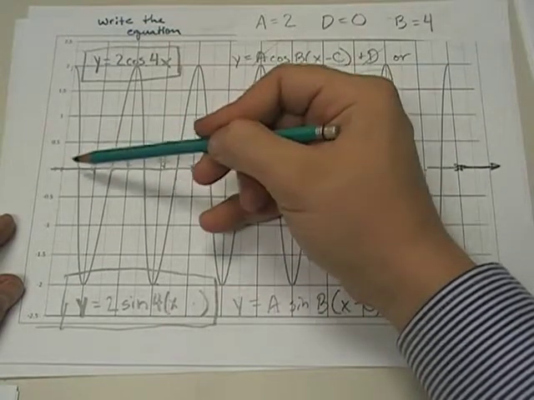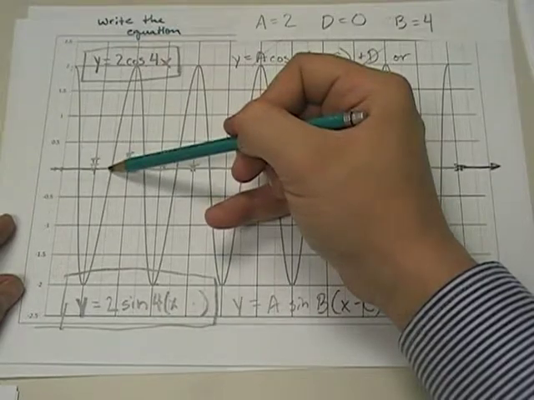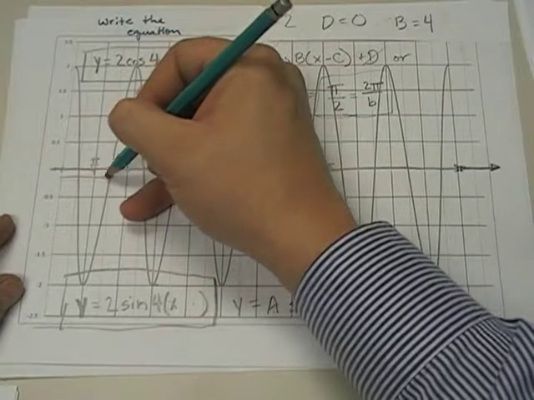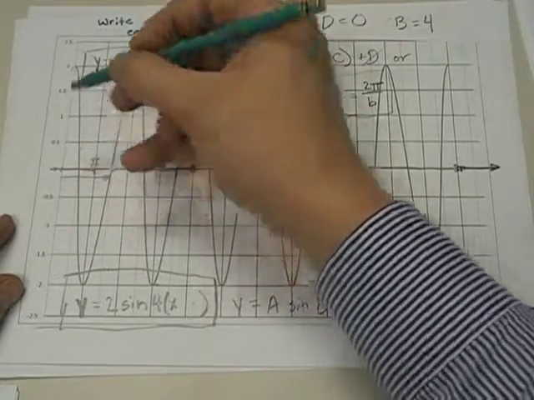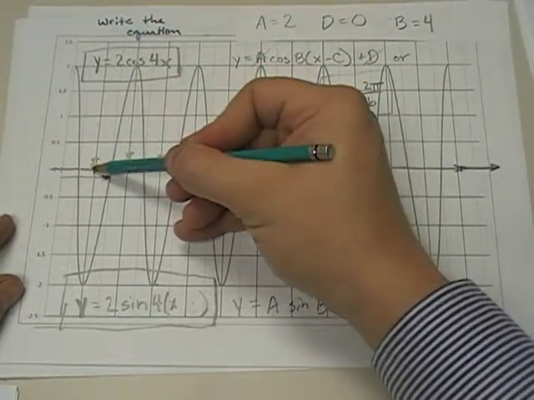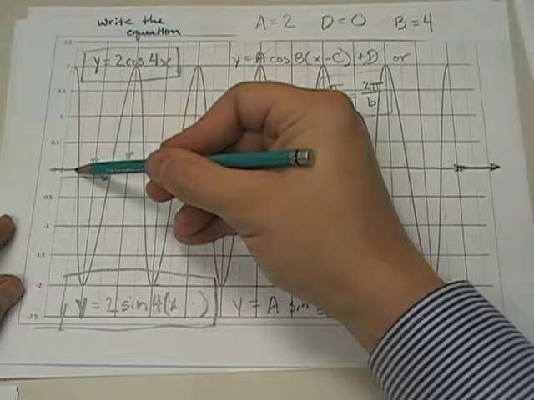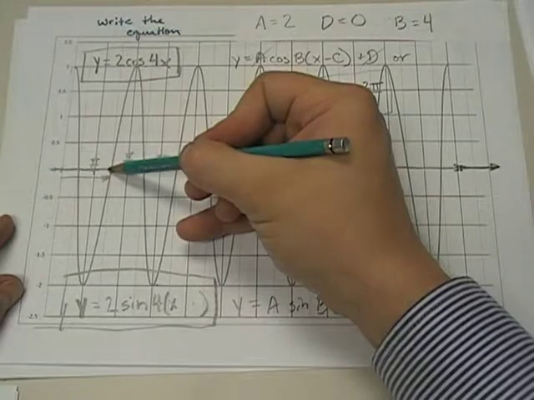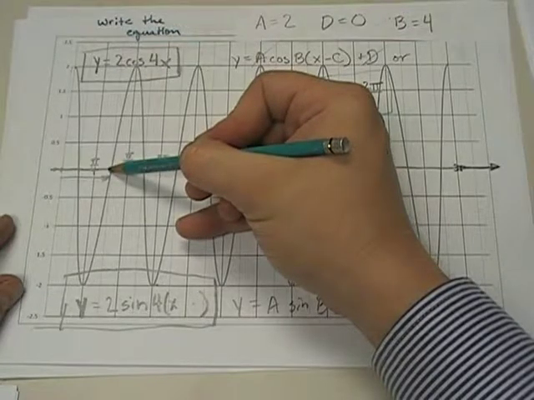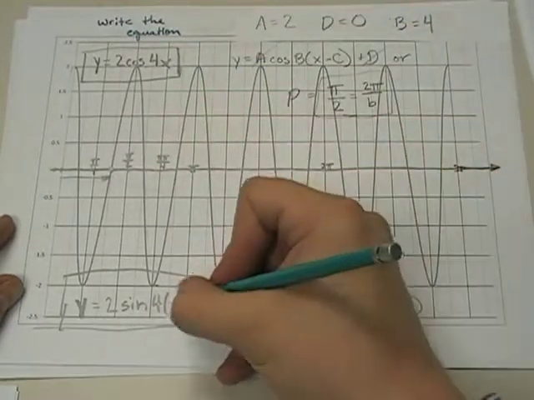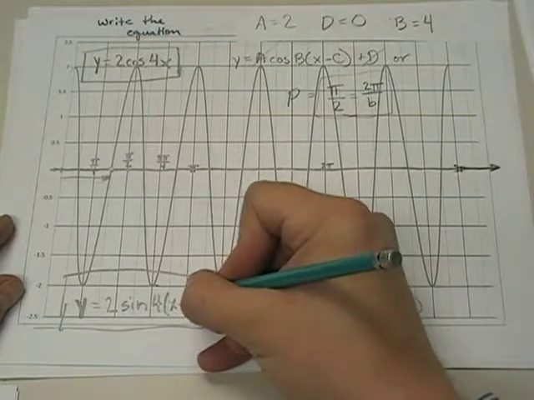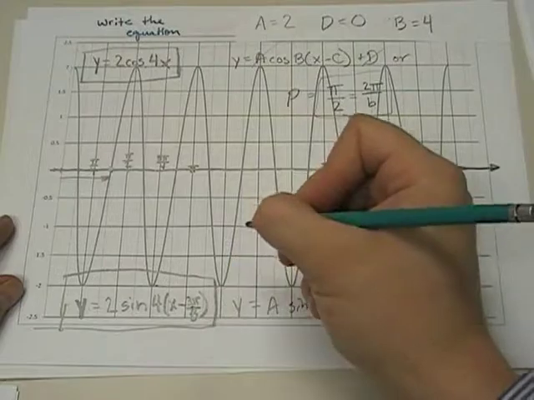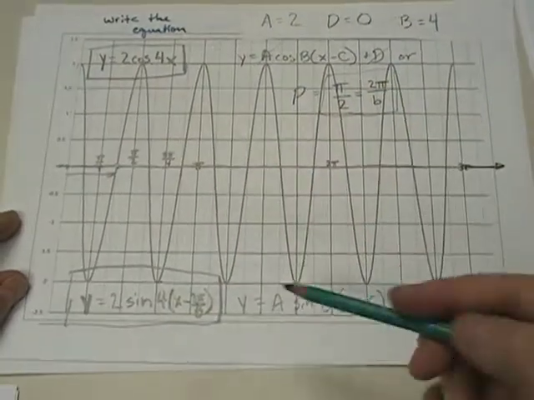Since that point is here, we can deduce that it has been shifted to the right by how much? Well, this is pi over 4, which means the point between it would be pi over 8. So 1/8, 2/8, 3/8 pi. So it's been shifted to the right 3 pi over 8. So we're going to write minus 3 pi over 8. And that would be your sine function.